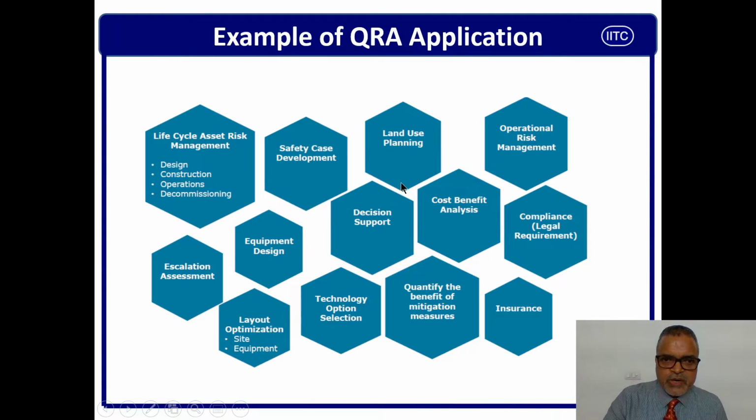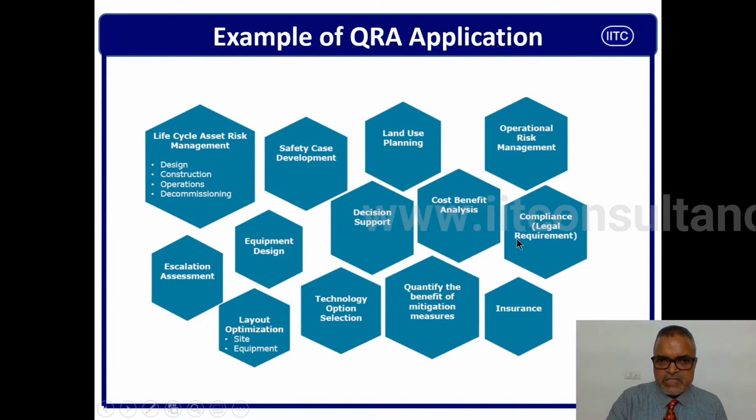If you are going to have land use planning or plant layout review, QRA is required to understand the risk at different levels and what is the safe distance between one equipment and another. And of course, operational risk management will also need a quantitative risk assessment result.